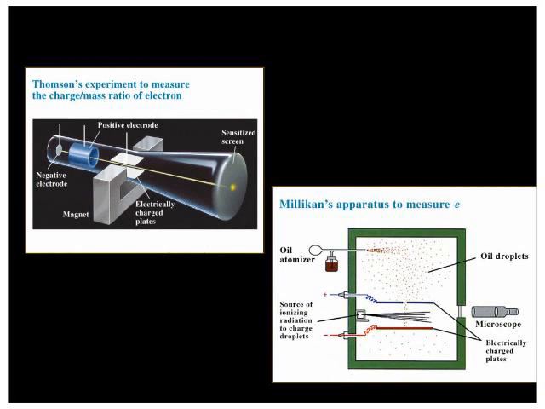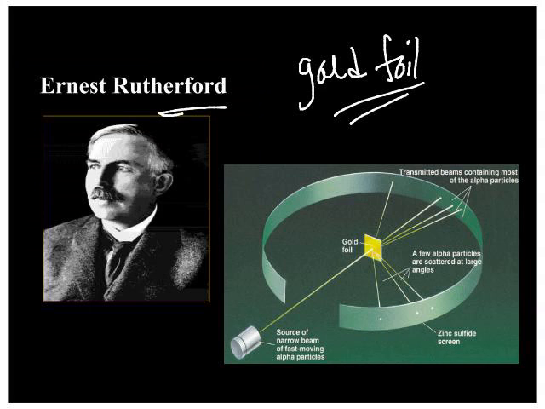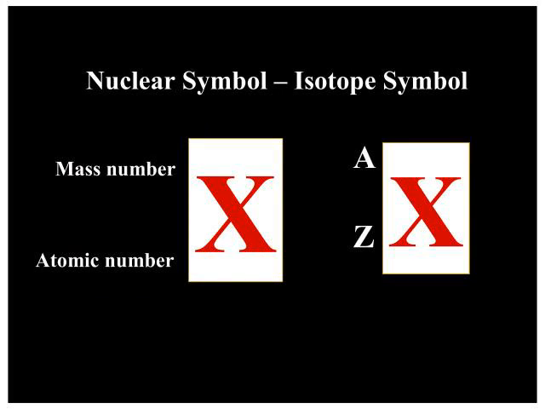When we review very briefly, we'll discuss Thomson's experiment and Millikan. This is not an experiment we discussed last year, so we'll go into a little more depth. One of the most important experiments, of course, was the gold foil experiment with Rutherford, and again, this is one we will discuss and review in a little more depth.